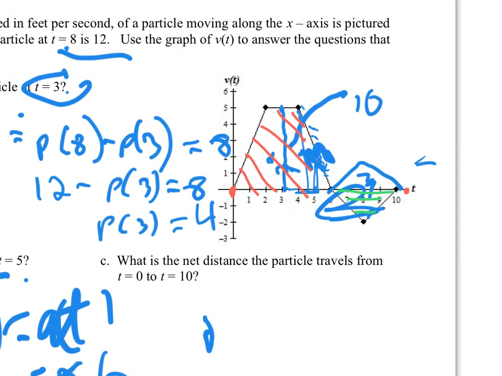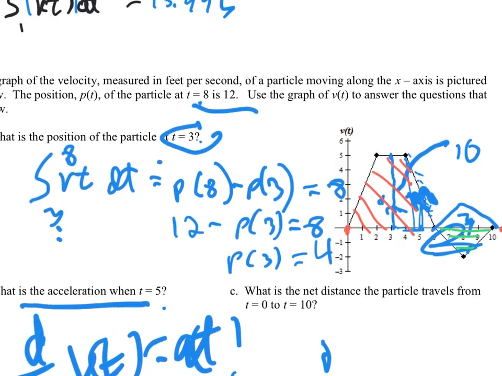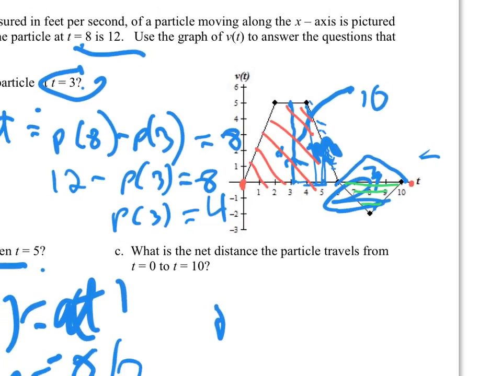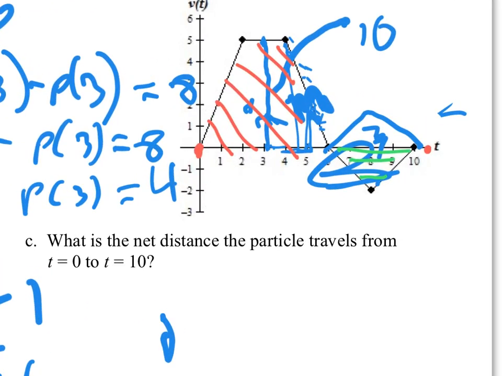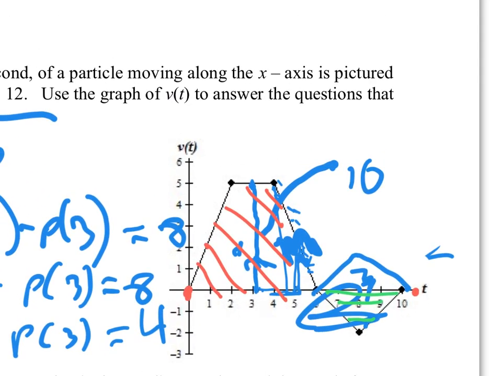Okay. Now reminder, this graph was the velocity graph. The area underneath velocity is distance, because when I integrate velocity, you get position. We're using P, so we'll get P of t. So the top is just a trapezoid.